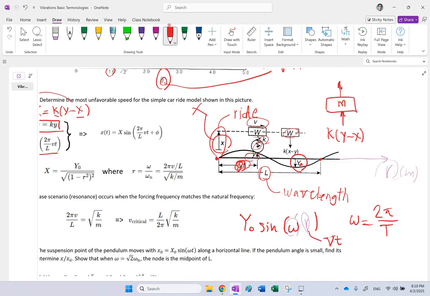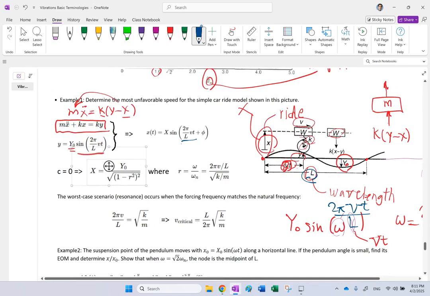As I said, in the time domain, it would have been 2 pi over T, but in this distance domain, instead of T, you have to replace it with L. So your actual function is going to be y naught sine of 2 pi vt over L, and this is exactly what you can see over here.